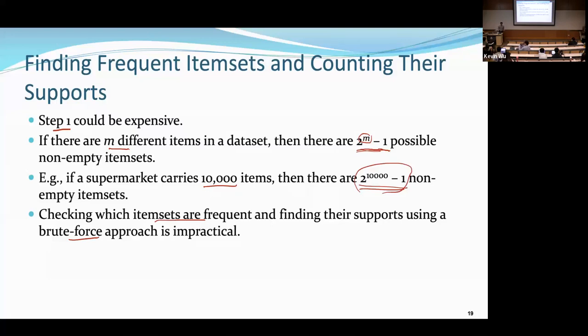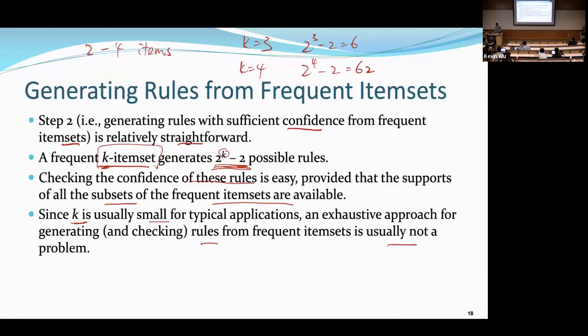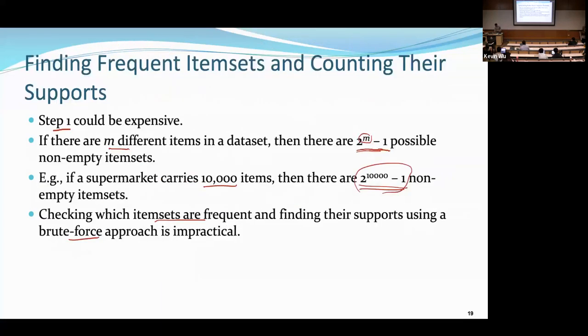Now, a while ago, I said that in most cases, the frequent item sets usually have fairly small numbers of items. So if I want to make step number 1 faster, I don't really need to check all of these item sets, right?